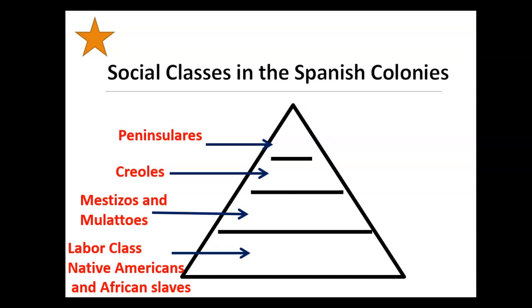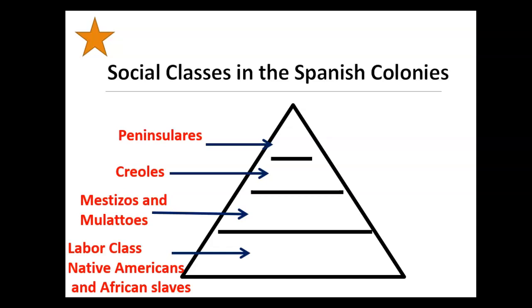The Spanish had instituted a social and racial hierarchy with the Peninsulares, colonial officials born in Spain, at the top of the social and political hierarchy. Peninsulares were only 1% of the population.